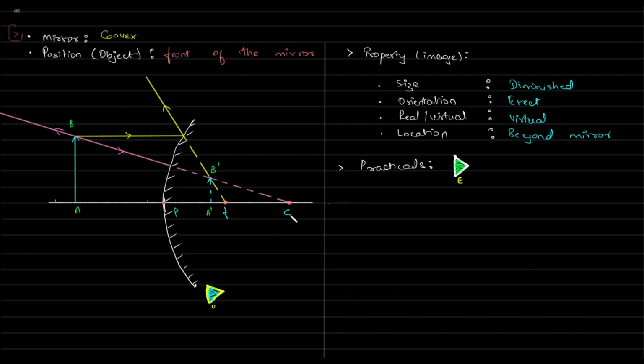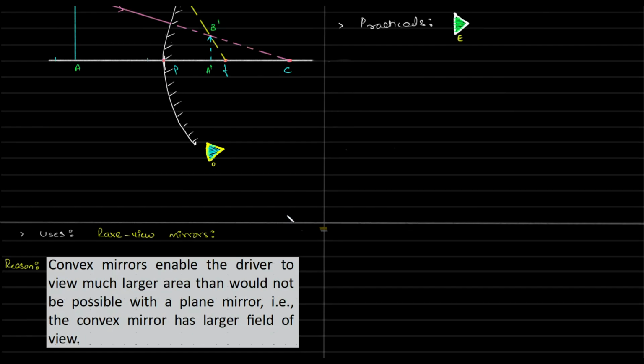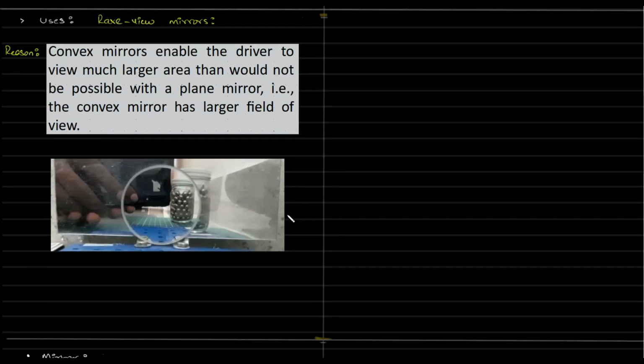Does it kind of trigger your memory? You would have seen that somewhere. Yes, in vehicles. Nowadays, quite a few people are putting it on their rear view mirrors, right? For rear view mirrors, convex mirror is used. Why? Convex mirrors enable the driver to view a much larger area than would be possible with a plane mirror.